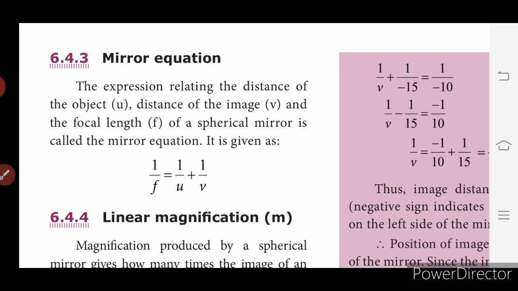So when you come to the next session, please be thorough with the laws of reflection, rules for the construction of images, image formation on the concave mirror, sign convention, and mirror equation. Go through all these topics very well and practice the ray diagrams.